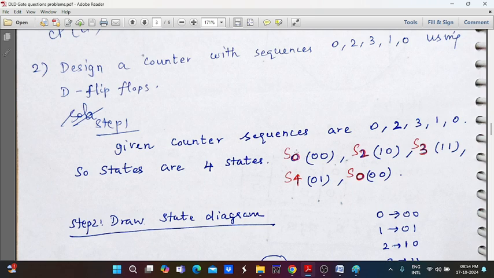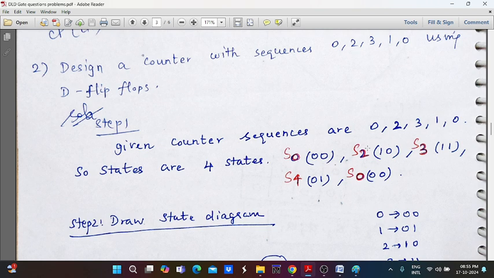Normally we can represent the state by some variables or simply 0, 1, 2, 3. Likewise, the state values can be assigned. If you want to mention a state variable, we can take S0 for state 0, or simply if you want to represent 0 itself, no problem. We can represent that state by 0.